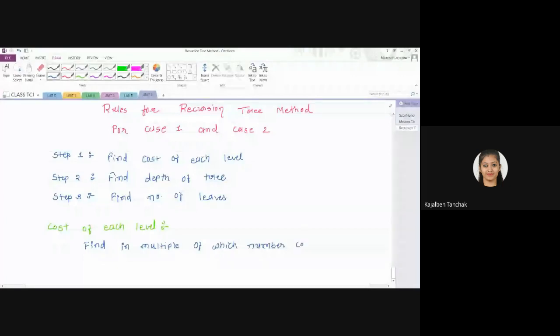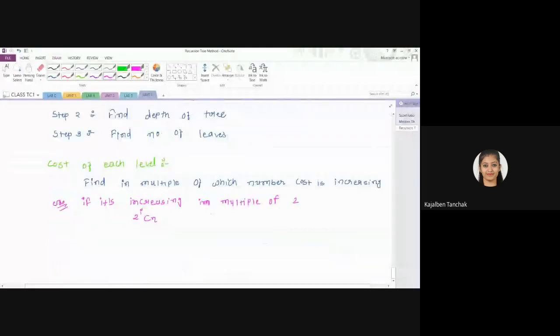For example, if it is increasing in multiples of 2, then you can write 2 raised to i into Cn, where i is the level, and its value will be set from 0 to n minus 1.